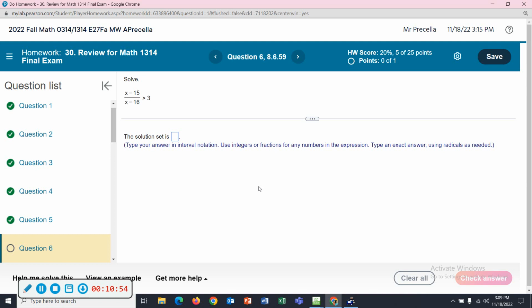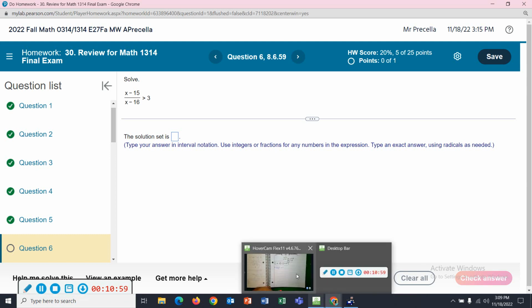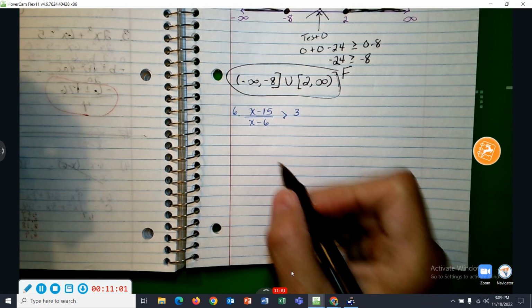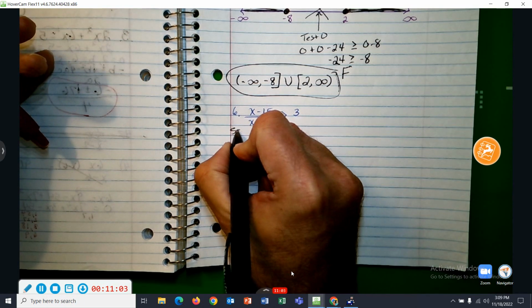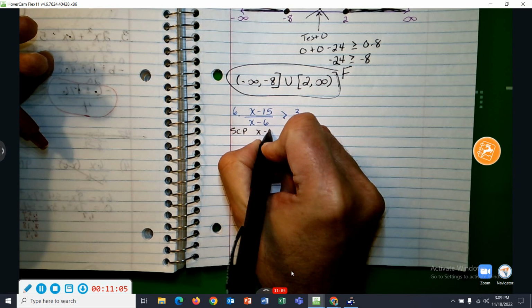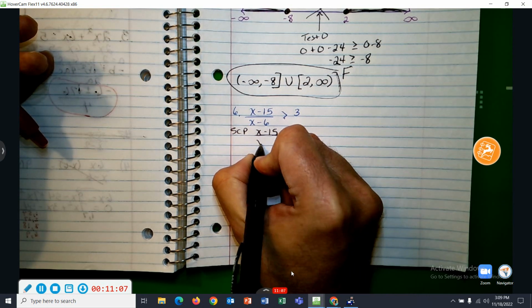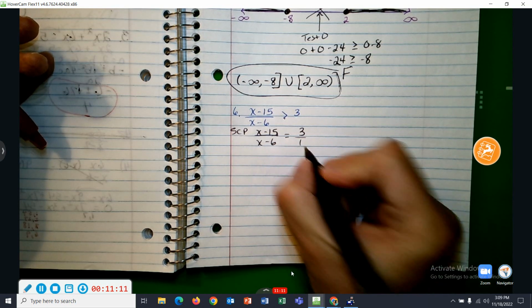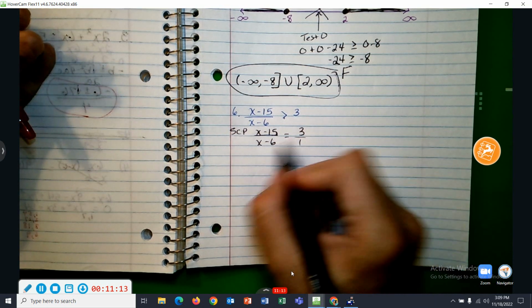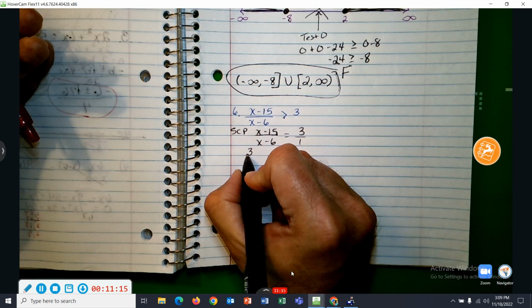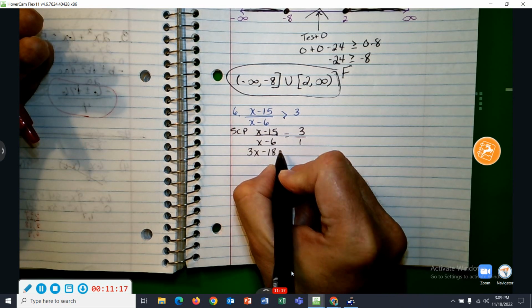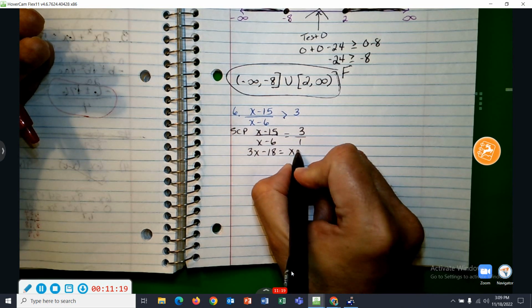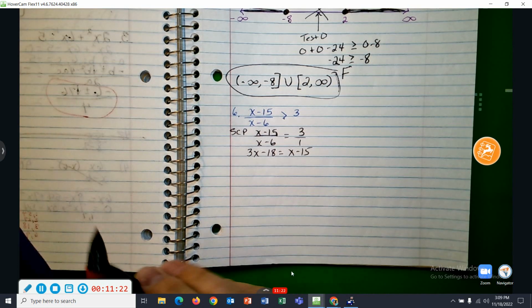I'll replace the greater than symbol with an equal sign. So for the solution cut point, x minus 15 over x minus 6 equals 3. I'll think of that as 3 over 1 and just cross multiply. So 3x minus 18 equals x minus 15.